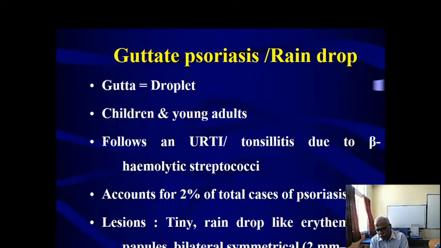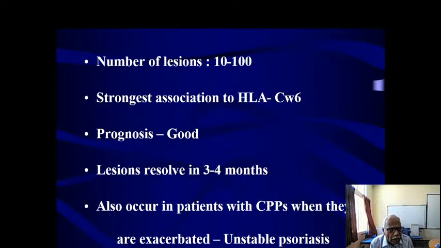The lesions are very tiny, raindrop-like erythematous patterns, and here you should be very careful with differential diagnosis with pityriasis rosea. The number of drop lesions is 10 to 100, and there is a strong association with the tissue typing, that is human leukocyte antigen CW6, on chromosome number 6.